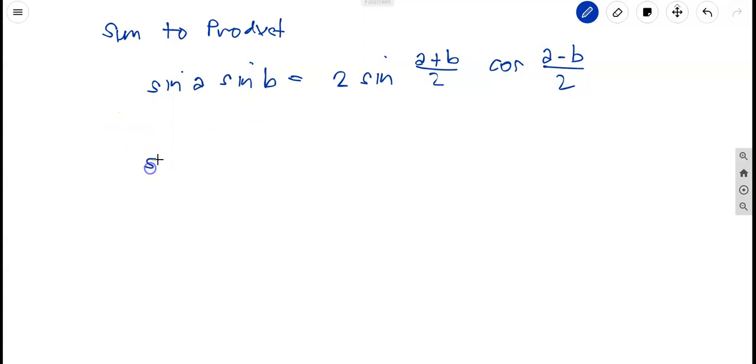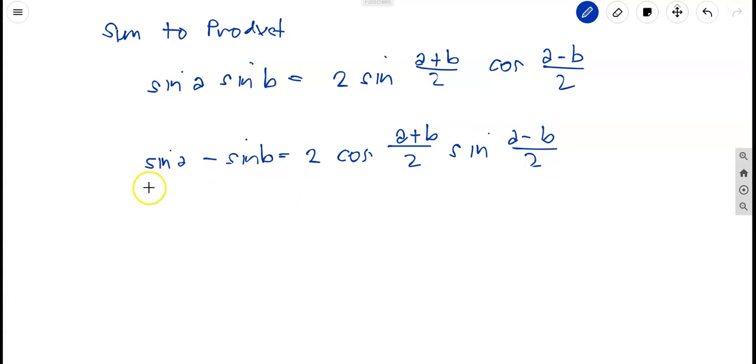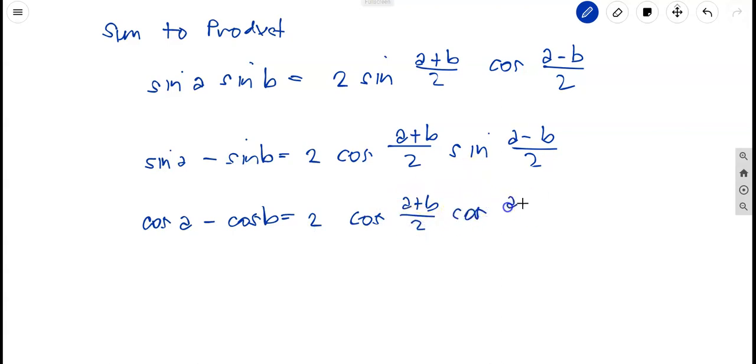Next, sine A minus sine B equals 2 cosine (A plus B) over 2, and then sine (A minus B) all over 2. Next, cosine A plus cosine B is equal to 2 cosine (A plus B) over 2, and then cosine (A minus B) all over 2.